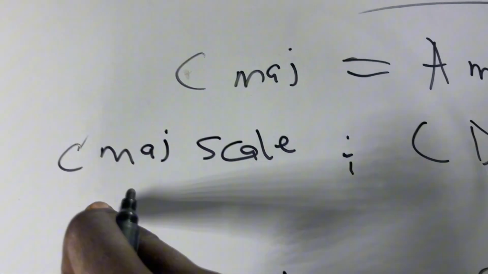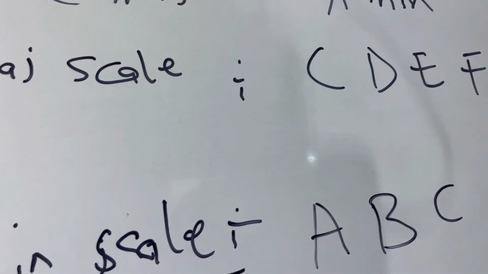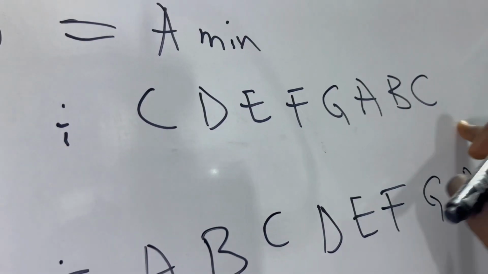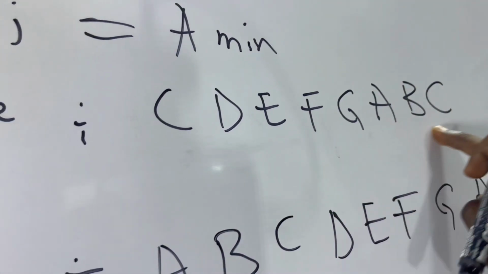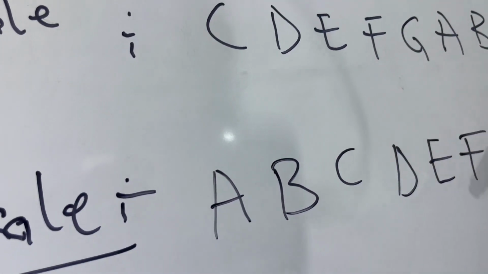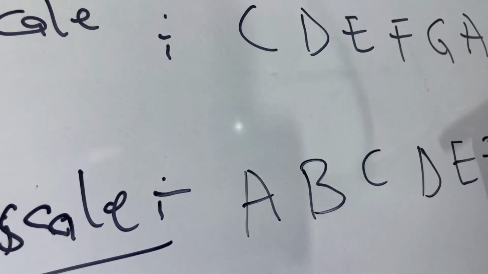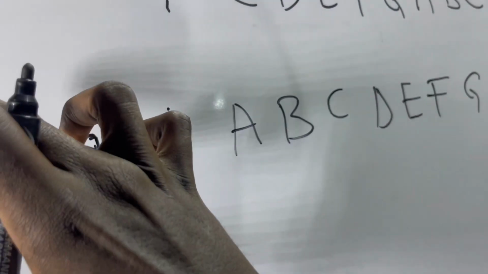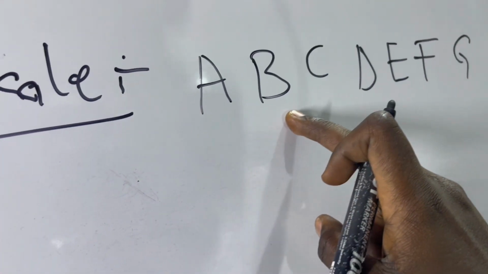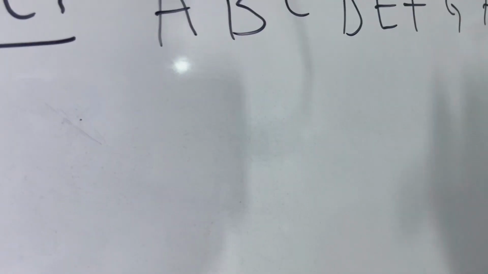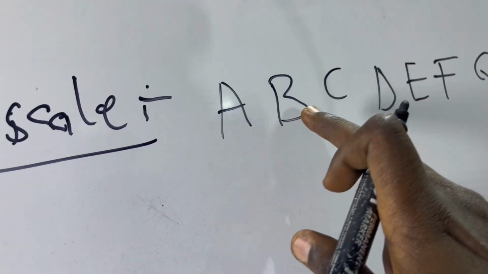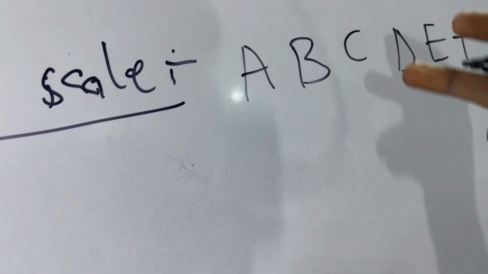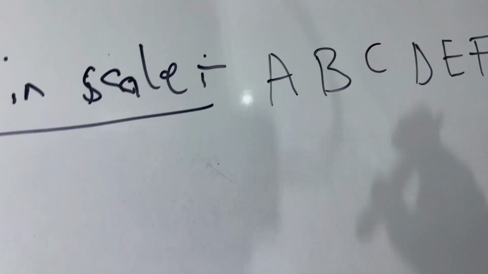C major is a natural scale because it doesn't have any accidental, either flat or sharp. The same thing applies to the A minor scale. When you use the formula to find the A minor scale, you realize it has the same notes. A is here, B is here, it is the same.